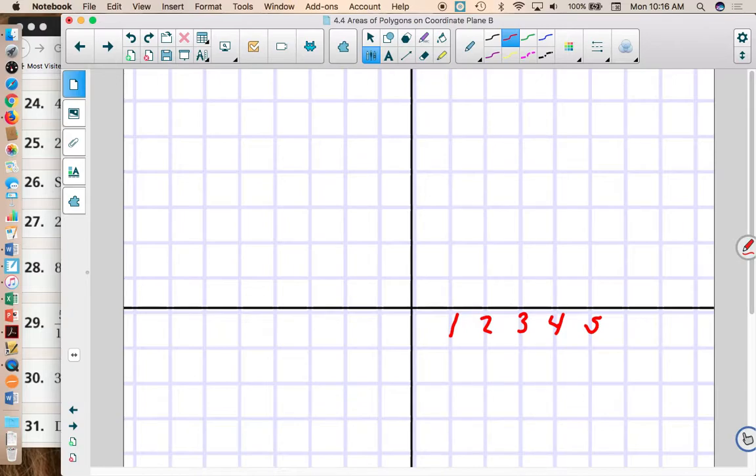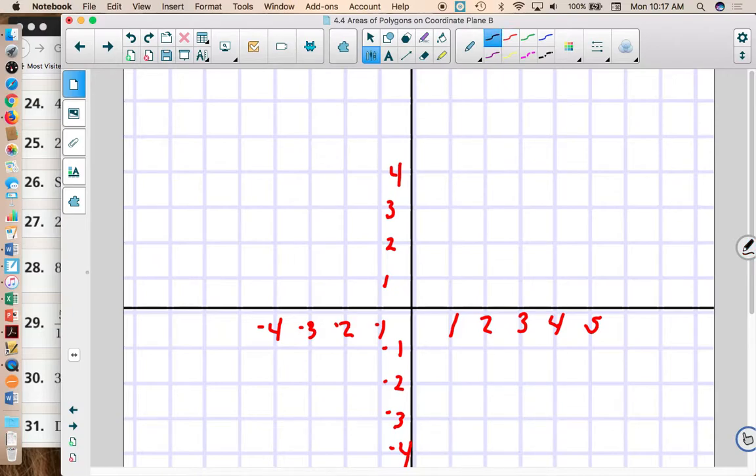You should be numbering the line. So this is 1, 2, 3, 4. This one is 1, 2, 3, 4. And these are negatives: -1, -2, -3, -4. It is the lines that you're numbering, not the center of the grid.